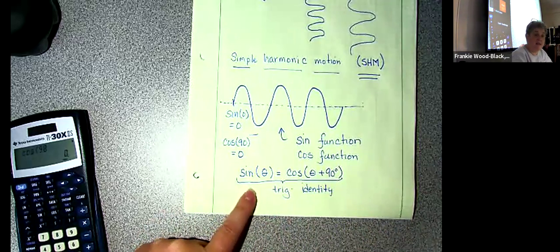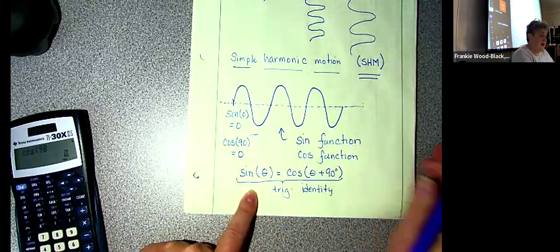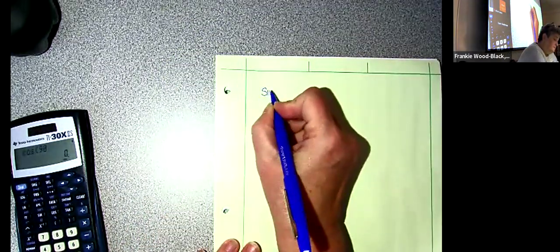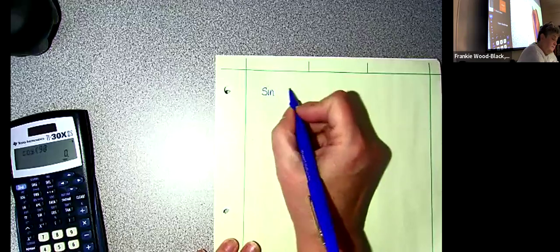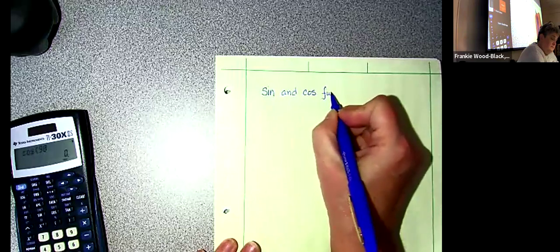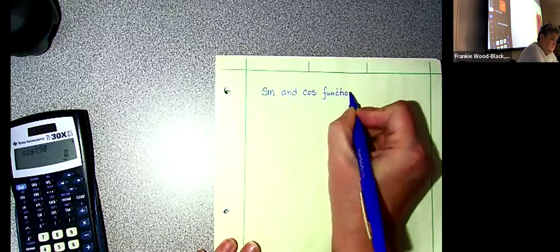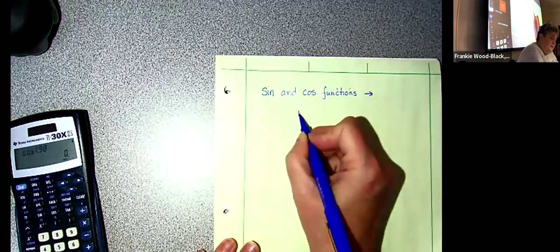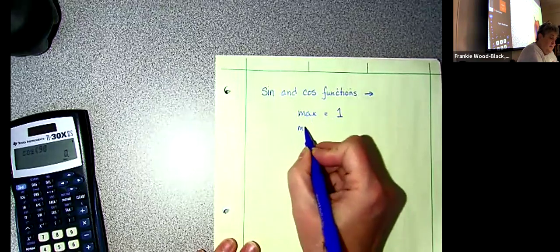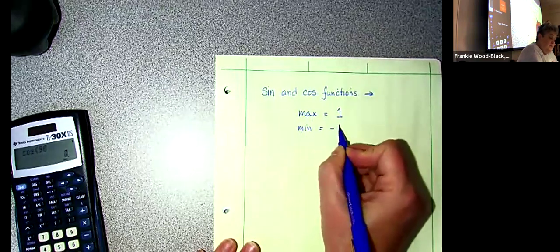Some other things we know about the sine and cosine function: the maximum of those functions is equal to 1, and the minimum is equal to -1.